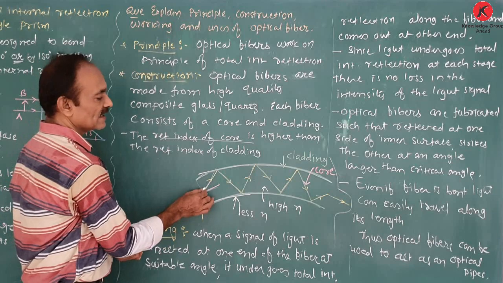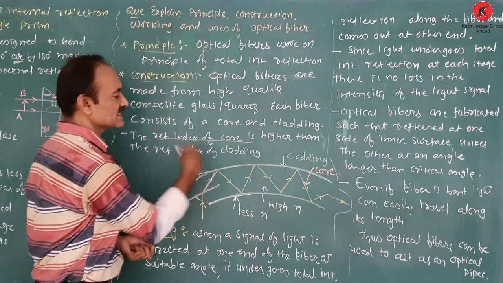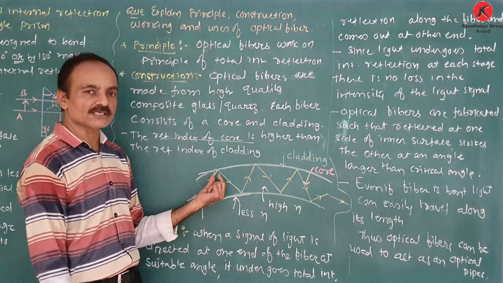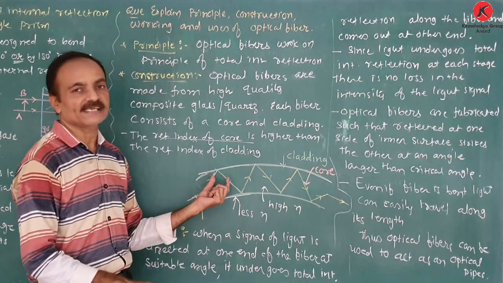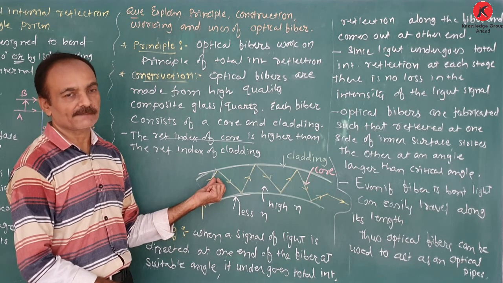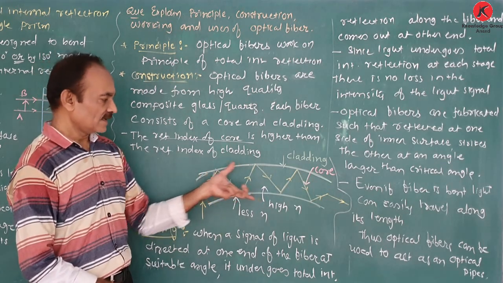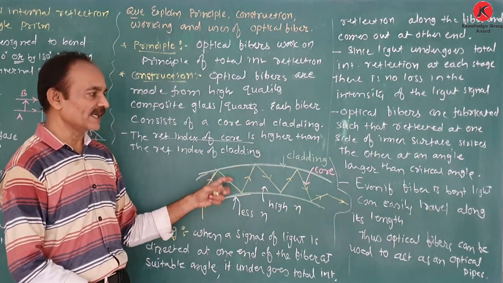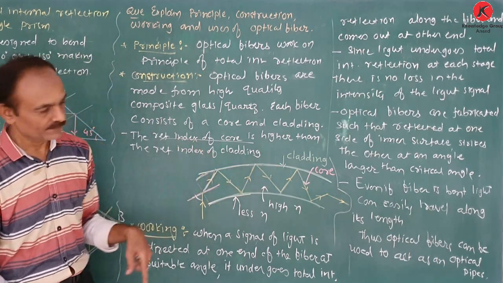Therefore, this light cannot escape from the fiber, and also the loss of energy of this light ray is prevented, or leakage of energy does not take place at the edge of the fiber due to the lesser refractive index of the cladding material compared to the core.